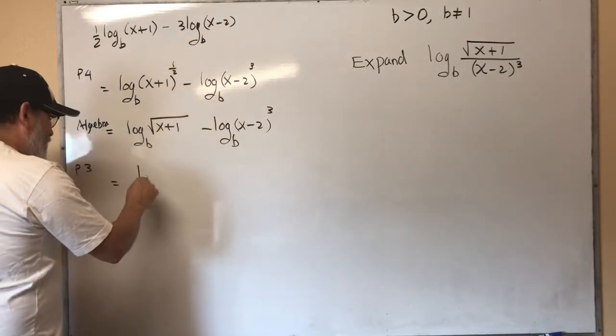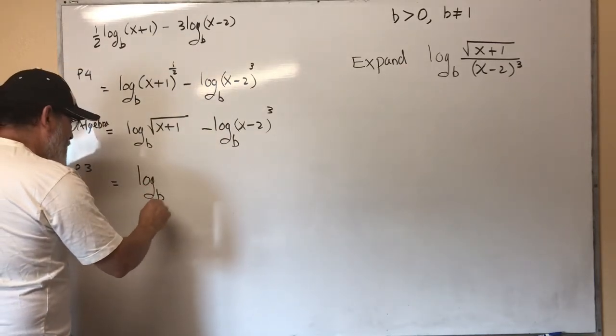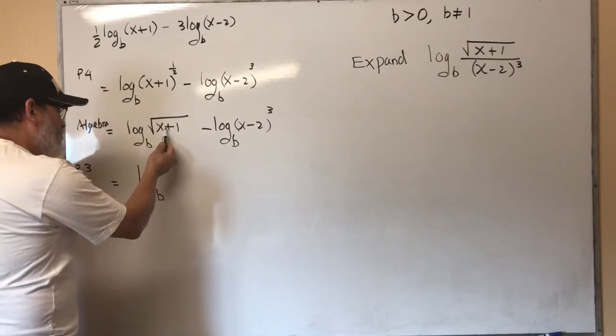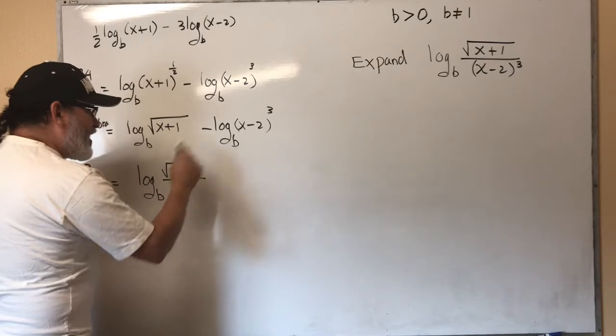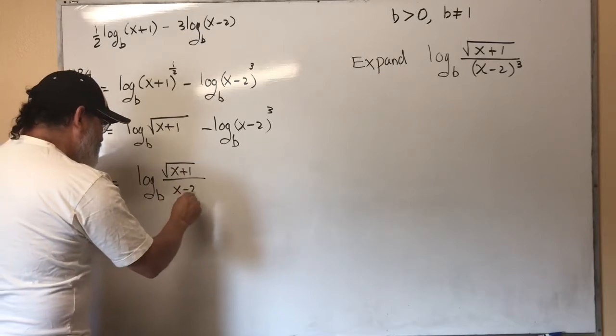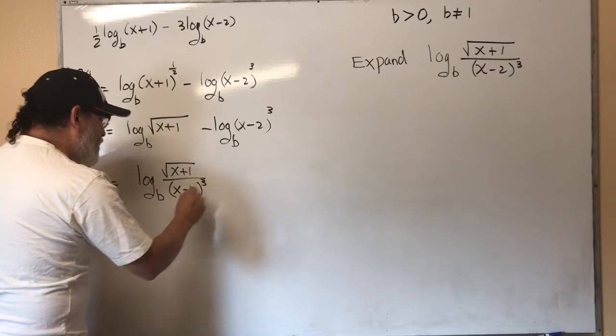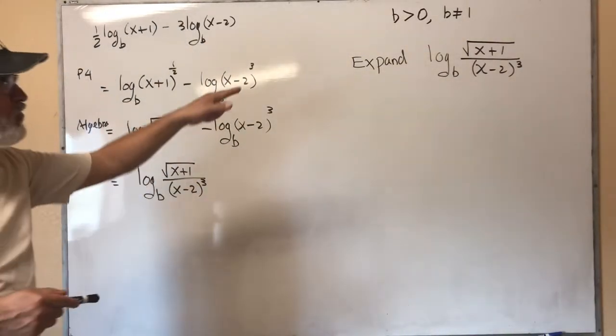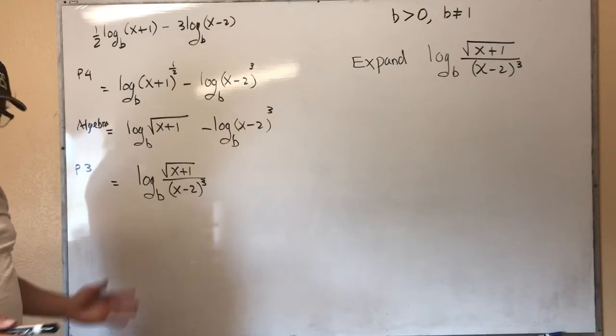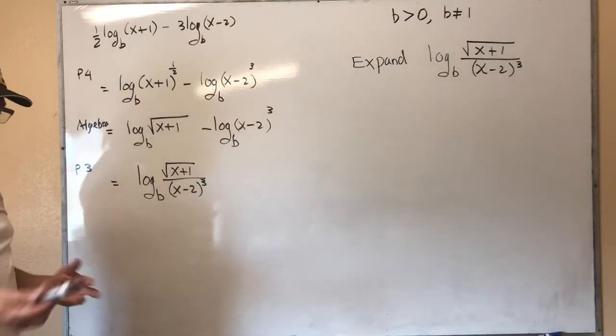So this is log base b of, this must be the numerator, the square root of x plus 1 divided by x minus 2 to the third power, and we're back to where we started. Look, we're back there again.